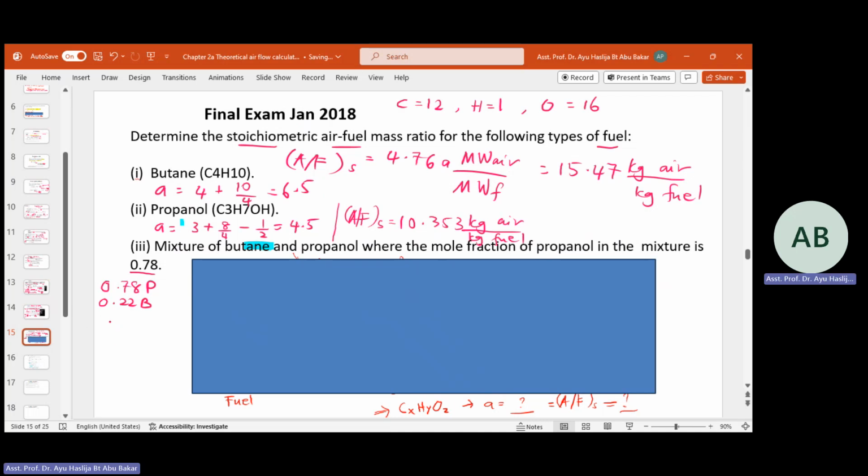So the mixture. Okay. Untuk nak generate the A, we need the C. Tapi since this is a mixture, kita kena generate this from the mixture.